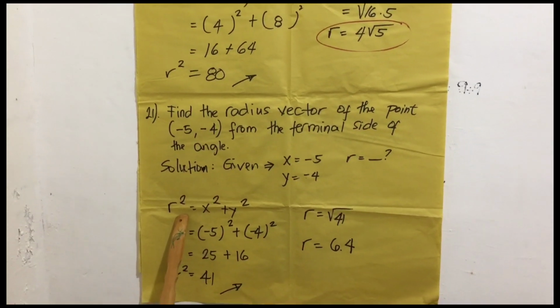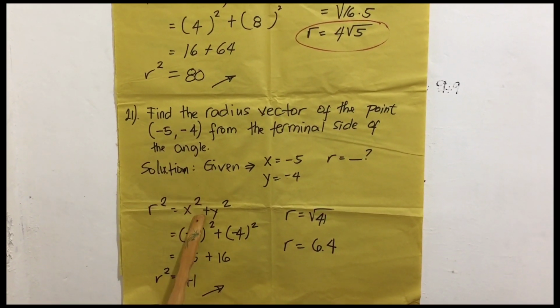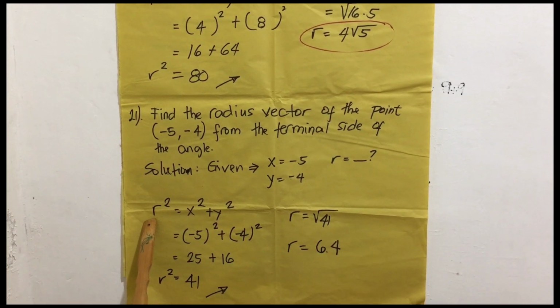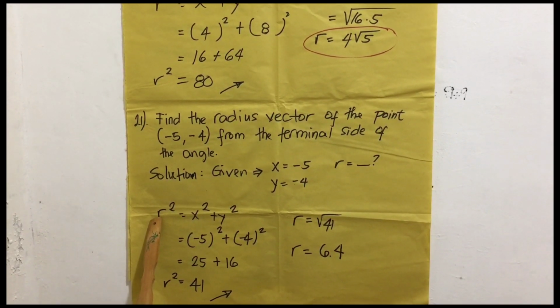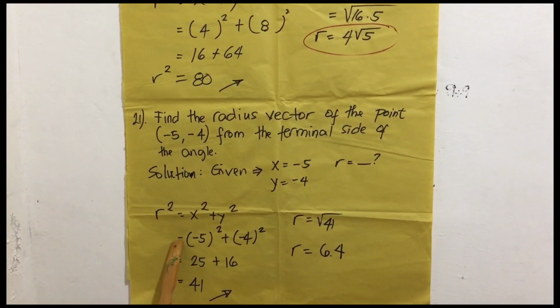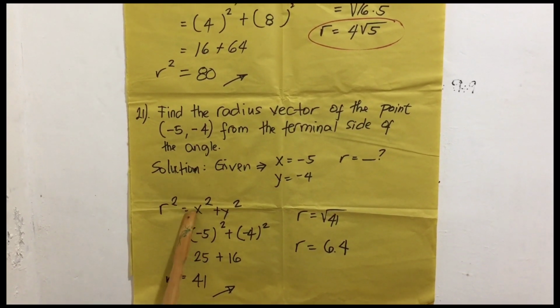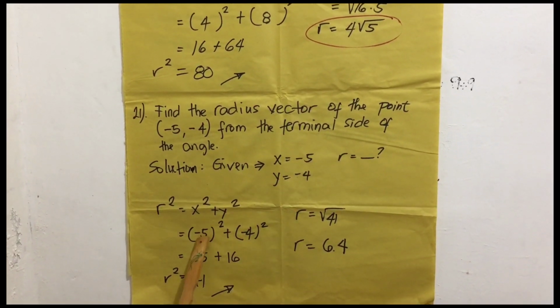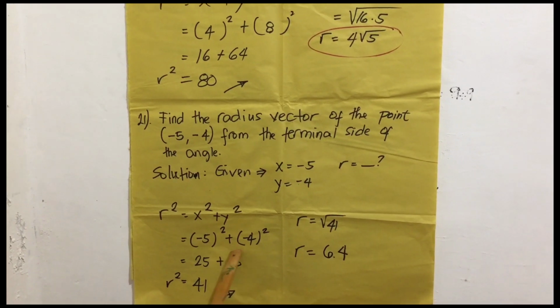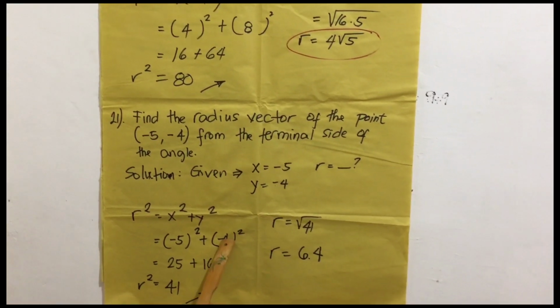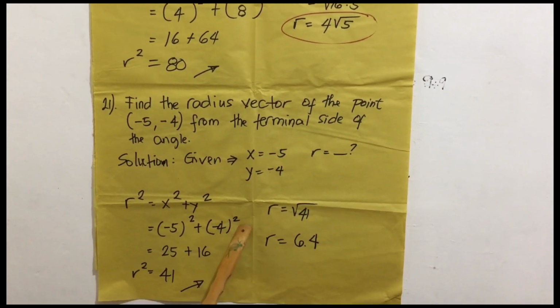Again, we use the formula r squared equals x squared plus y squared. R is the radius vector, or the other name for this is the hypotenuse. Substitute the value of x, we have (-5) squared plus the value of y, which is -4, substitute, squared.